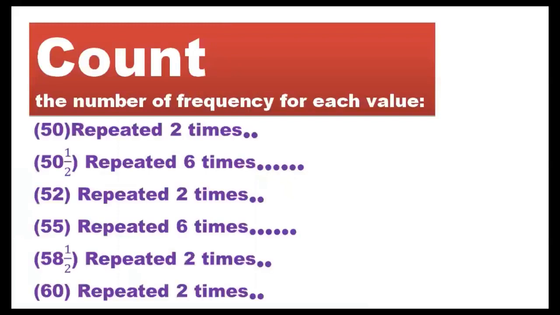For example, 50 repeated 2 times, 50 and a half repeated 6 times, 52 repeated 2 times, 55 repeated 6 times, 58 and a half repeated 2 times, and 60 repeated 2 times. What about these dots, Mr. Walid? These bold dots will help you to represent each number of repetitions, each frequency. So when we have 2 times, it is represented by 2 bold dots. When we have 6 times, we represent it by 6 bold dots, and so on.